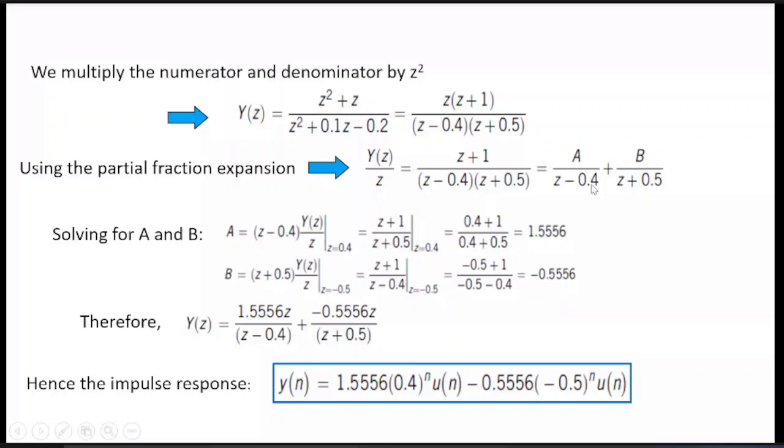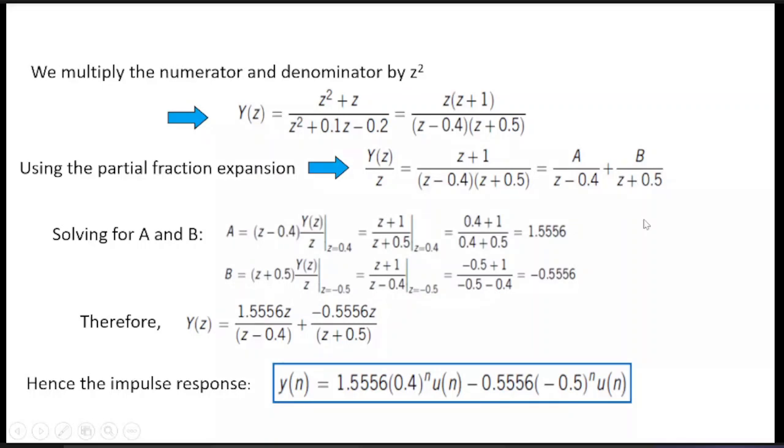Now according to the inverse z transform formula, z by z minus a gives a to the power n u(n). In this case a is 0.4 for the first part, and for the second part a is minus 0.5.